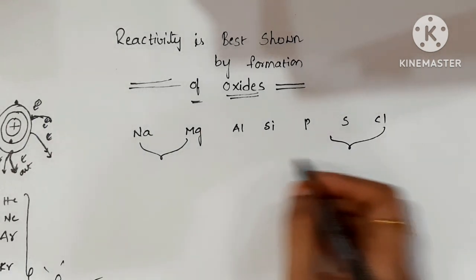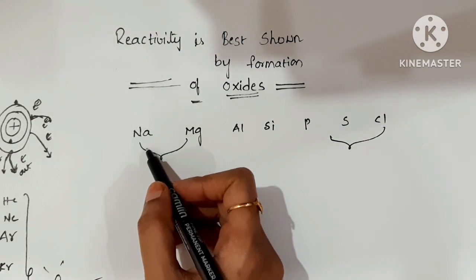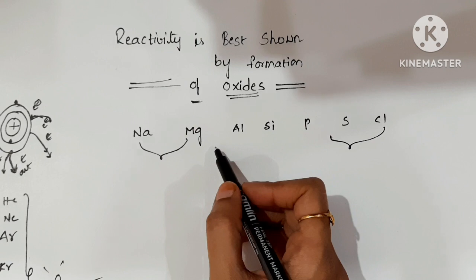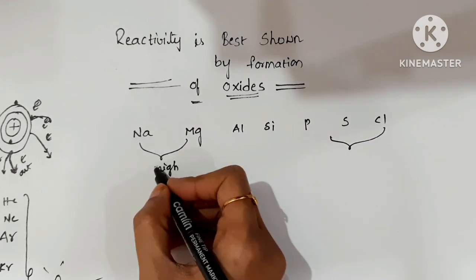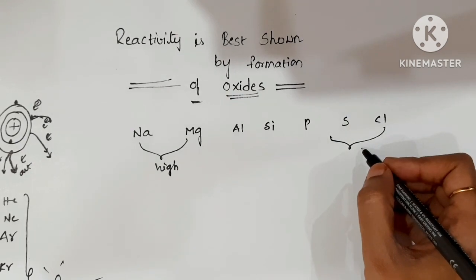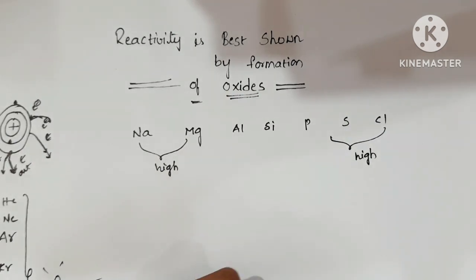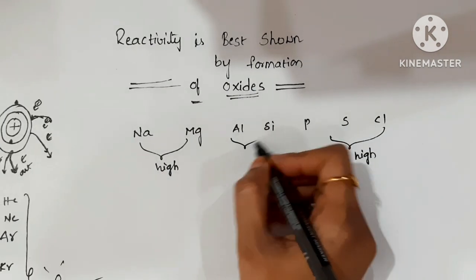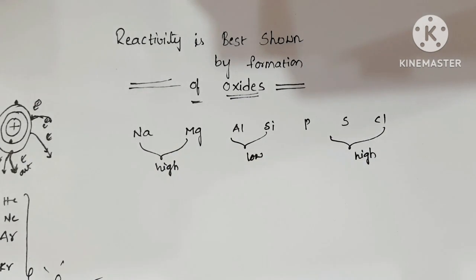So this is period 3 elements. Reactivity is highest at two points, the left side and right side of a period, and at the center there is low reactivity, right?